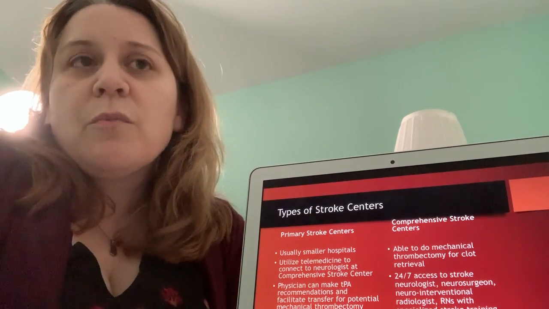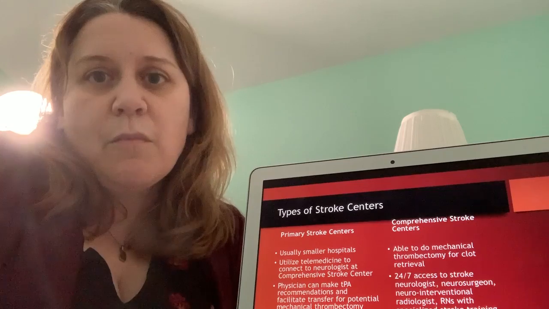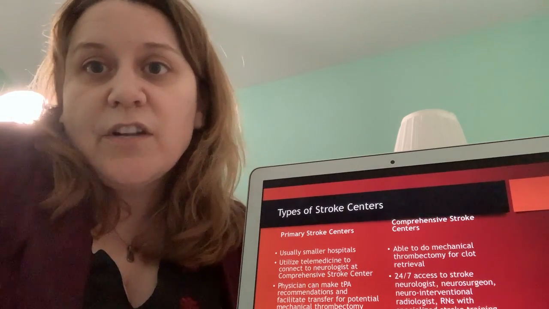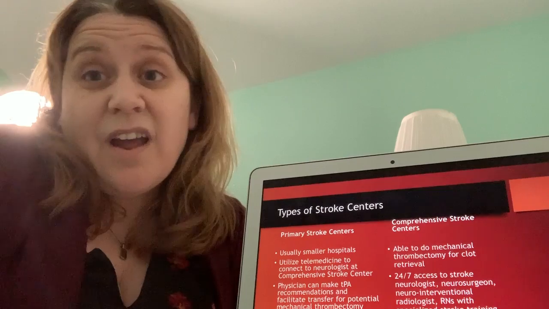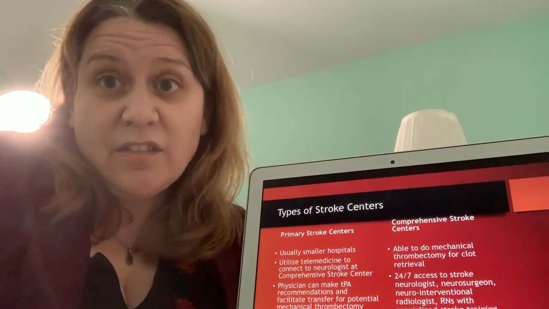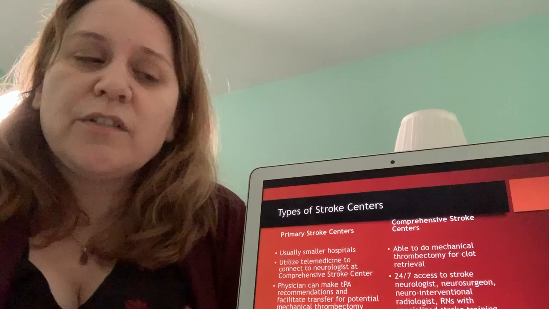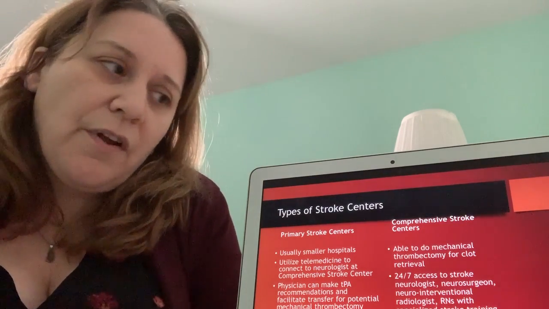For patients who are more complex, who might have a lot of comorbidities, might be a candidate for a mechanical intervention, or are at high risk for complications, a lot of times the intensivist will recommend transfer to a comprehensive stroke center.